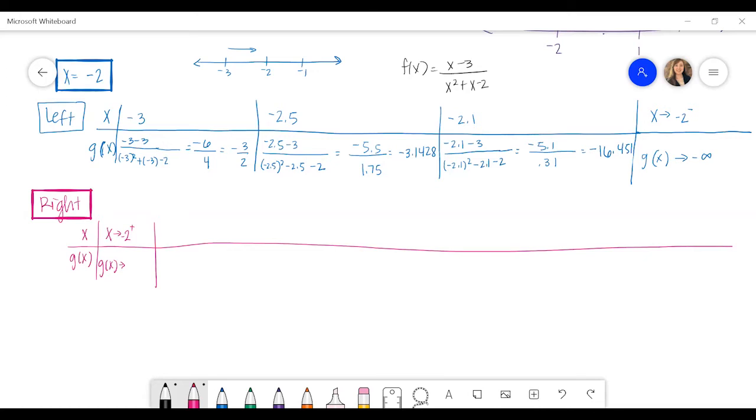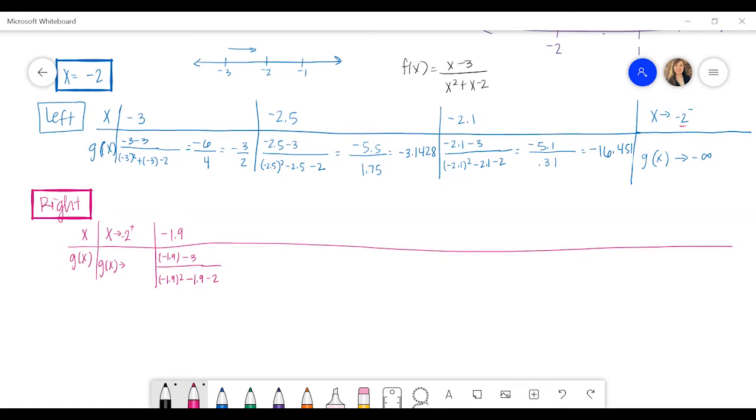So let's start again, very close. How about -1.9, just to mirror the last number that we did. So -1.9 minus 3, -1.9 squared minus 1.9 minus 2.